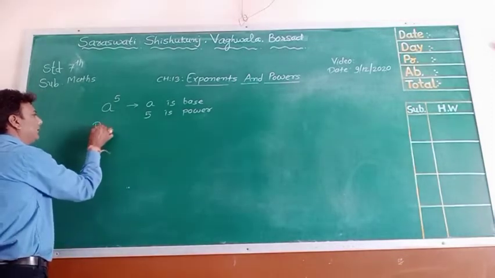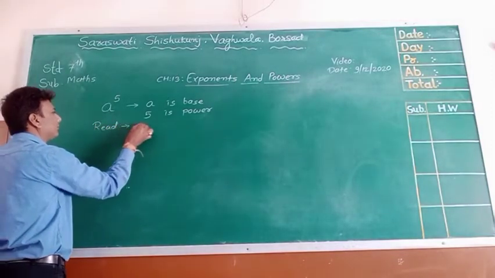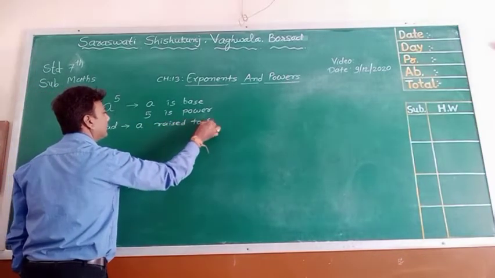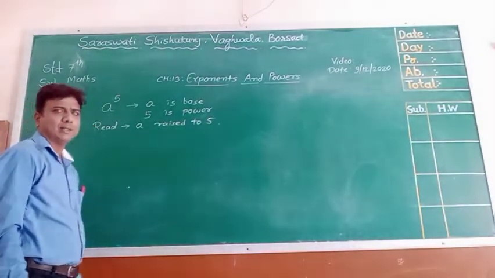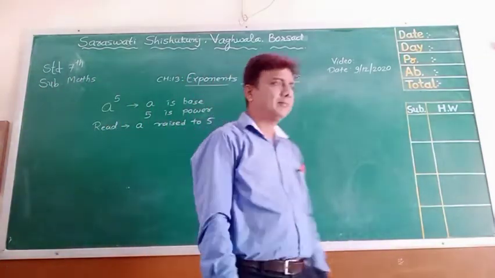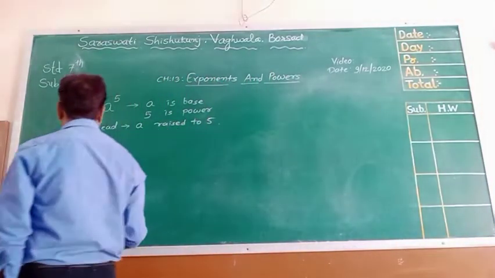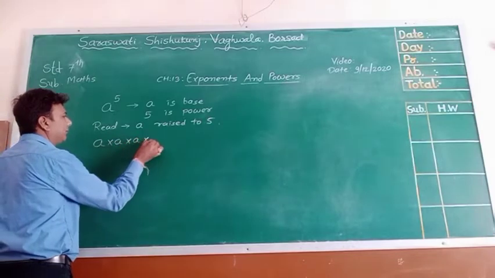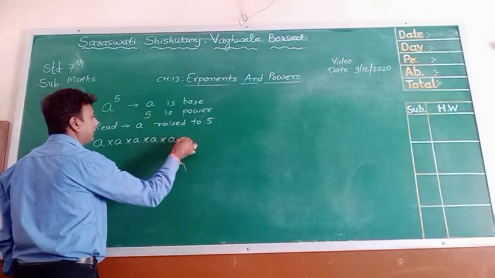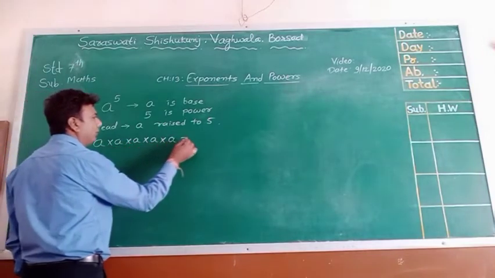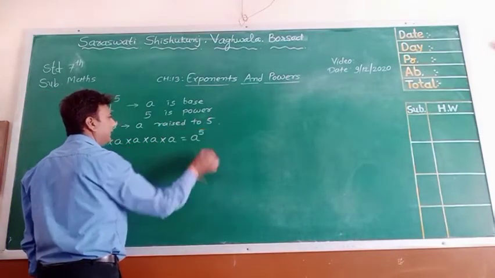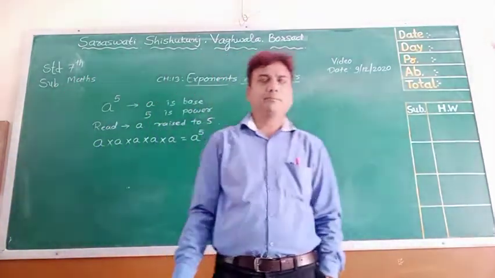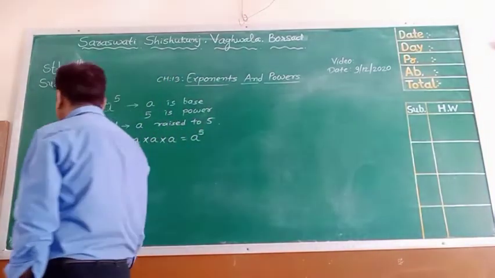We read this as a raised to 5, and its expanded form is a multiply a multiply a multiply a multiply a. 1, 2, 3, 4, 5 times a came, so we can write a raised to 5. Is it clear, beta? Now let's take some rules.